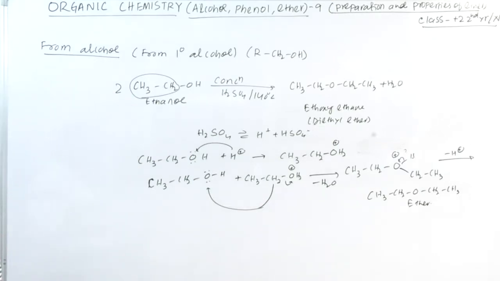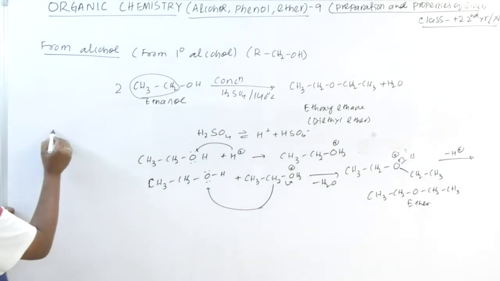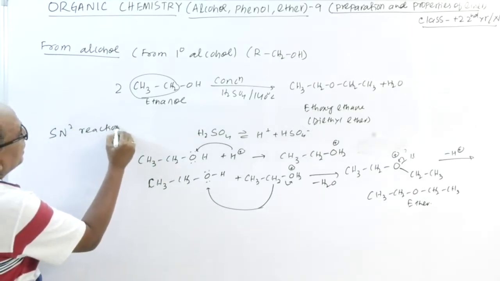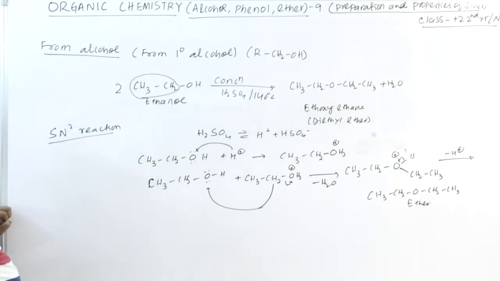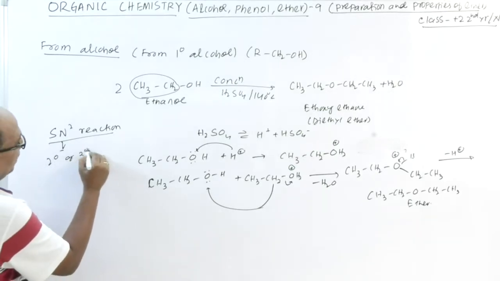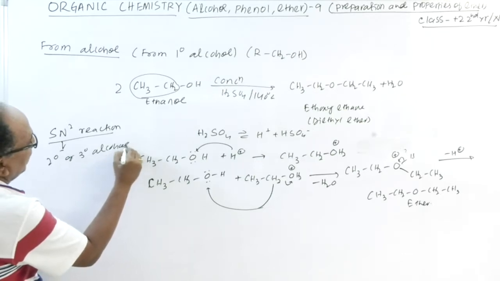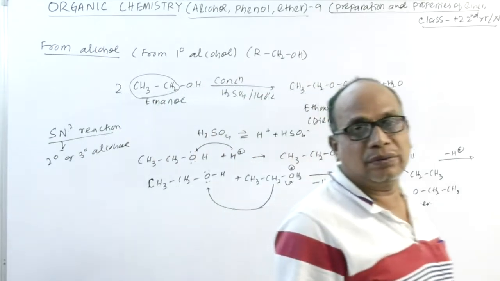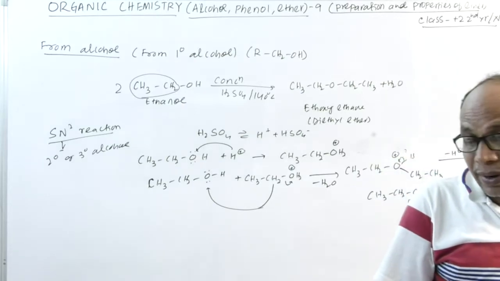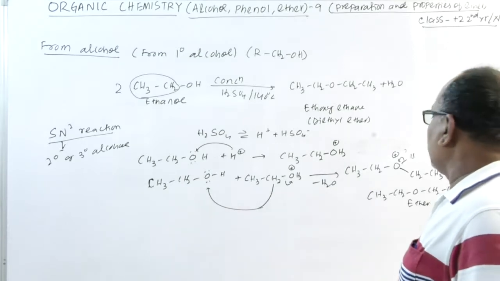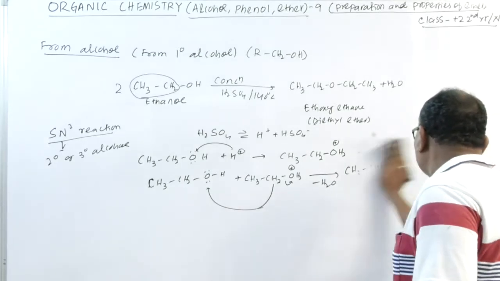Okay, students. So this undergoes one type of SN2 reaction. As you know, SN2 reaction is not favored by secondary or tertiary alcohol. That's why you always prefer to take primary alcohol. So this is one of the methods of preparation of ether from alcohol.